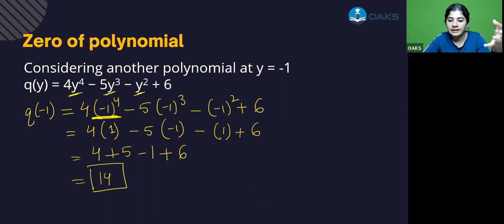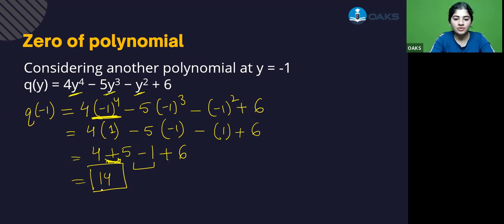If somebody gets this as plus, the answer will change. If somebody gets it as minus, the answer will change. With only one single sign, your answer could be incorrect. So you have to be really focused when you are doing calculation. You understood this, right? At y is equal to -1, we get q of -1 equal to 14.